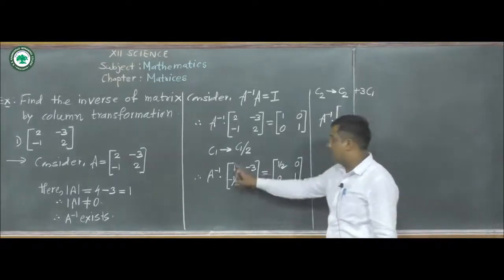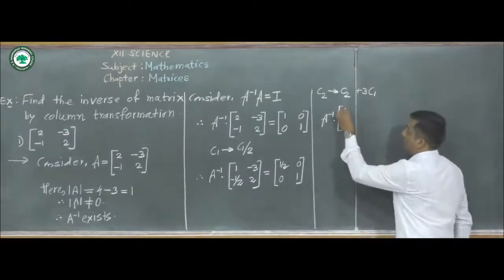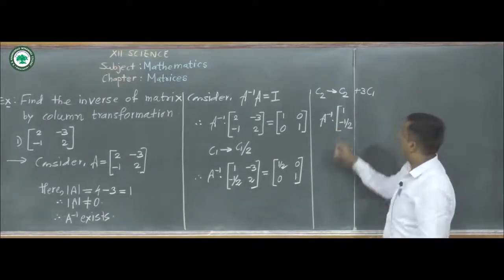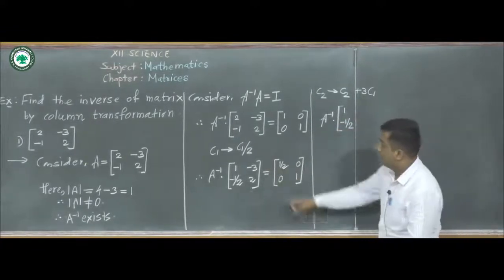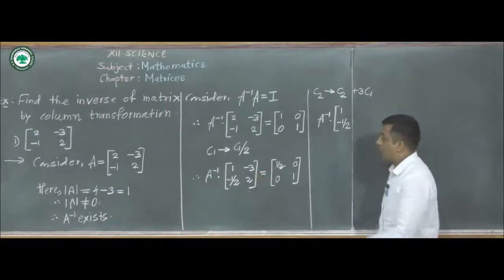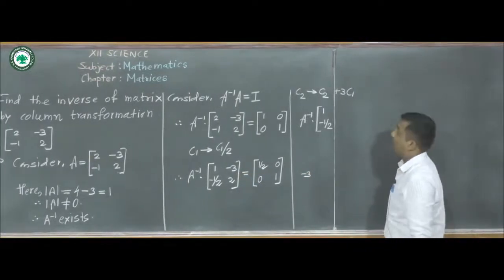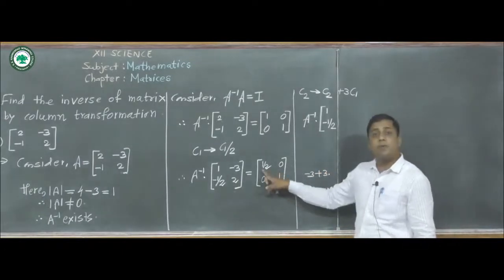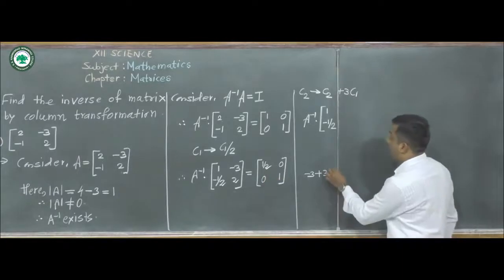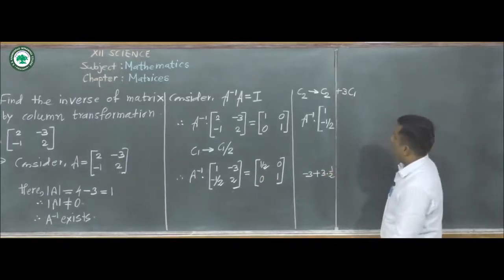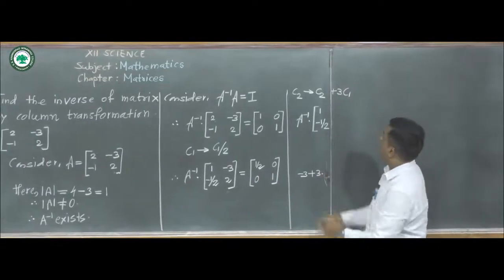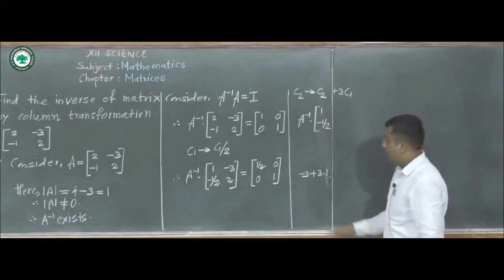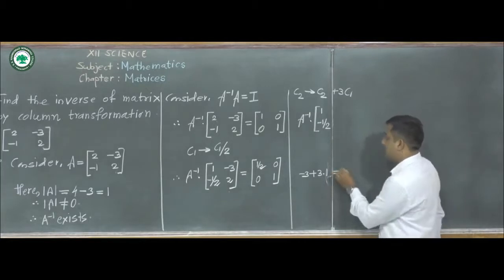Here we give the first column as it is, that is 1, minus 1 upon 2 as it is. Now the change is in the second column. The first element of the second column is minus 3, plus 3 into the first element of the first column, which is 1. Sorry, 1 into 3 is 3. So minus 3 plus 3 is 0.